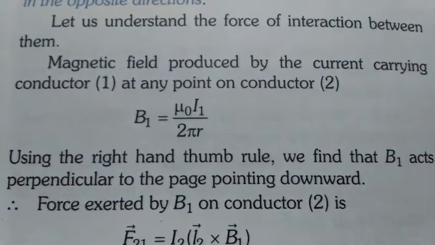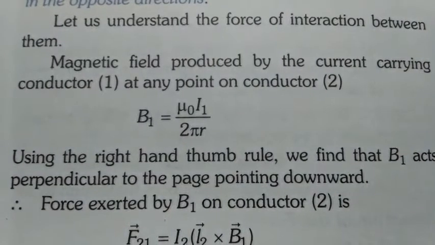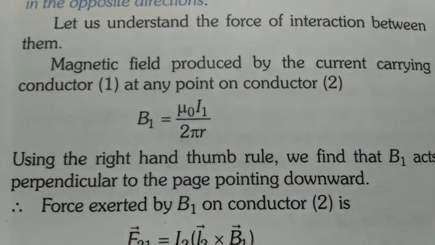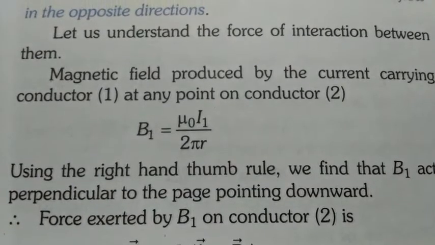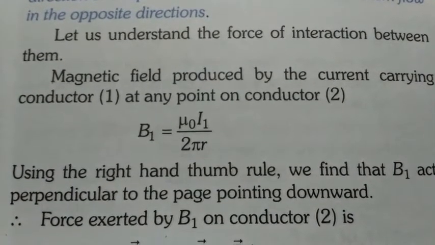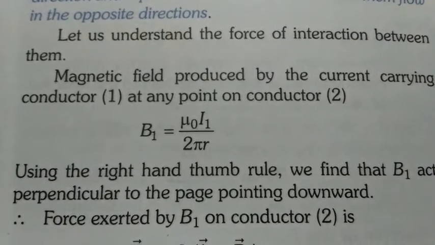Now let us see mathematically the amount of force produced. B1 equals mu naught I1 upon 2 pi r, which we have got from Biot-Savart law.